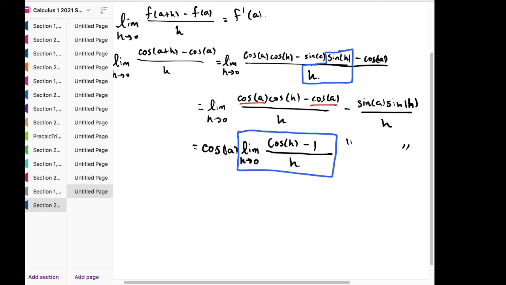It's Quiz Thursday. A question like this may not pop up, but yeah, multiply by cosine h plus 1 because you realize that looks like the difference of two squares.